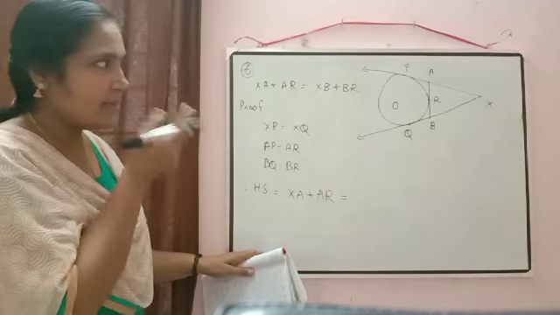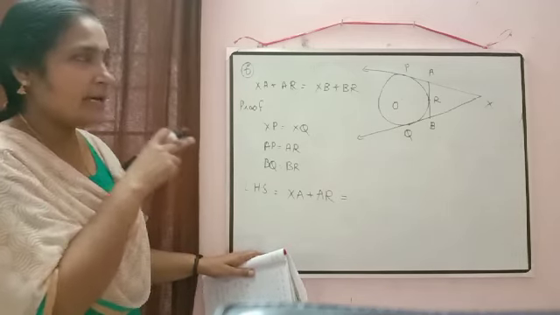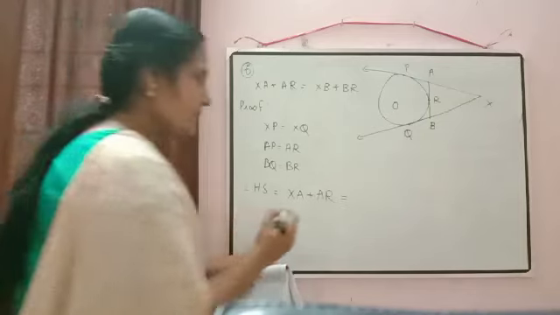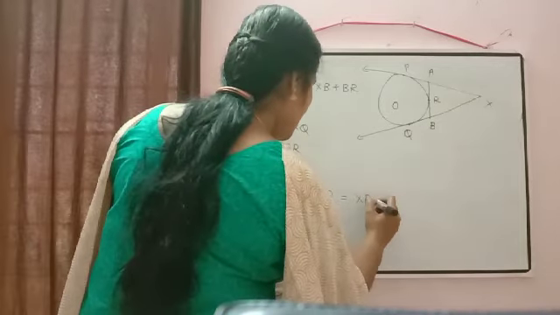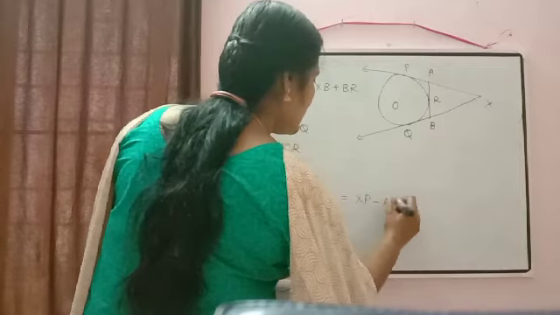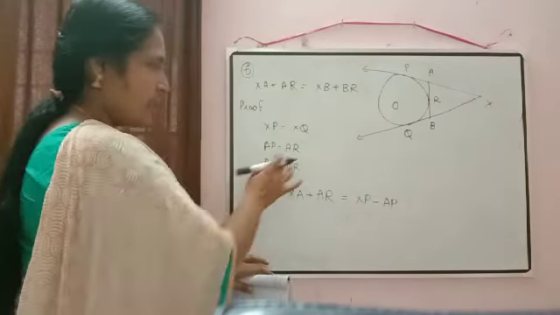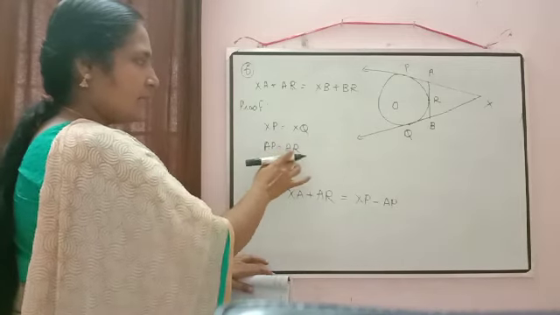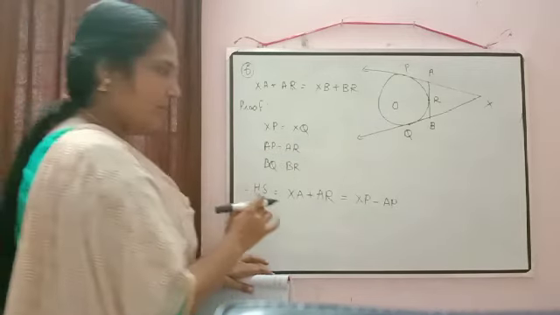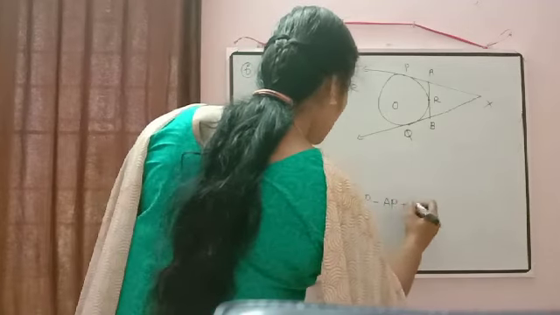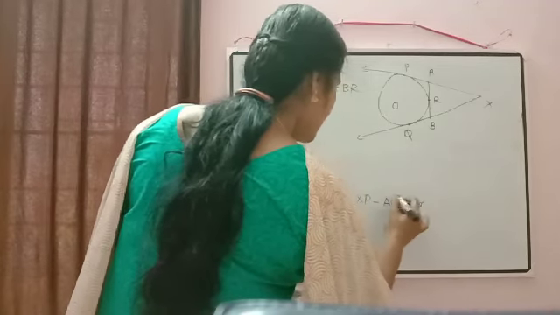XA can be written as XP minus AP. Now AR, how can we rewrite it? AR is equal to AP. So AR can be written as AP only, so these two will get cancelled.